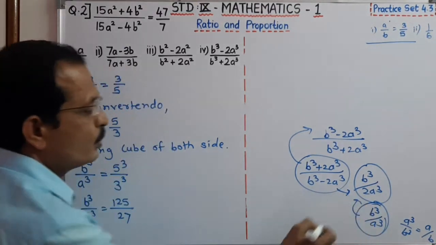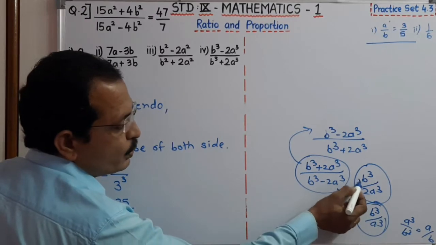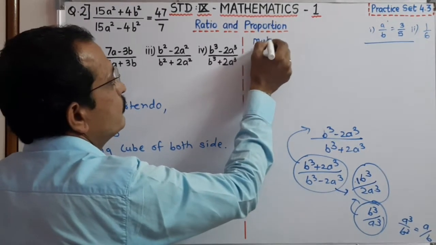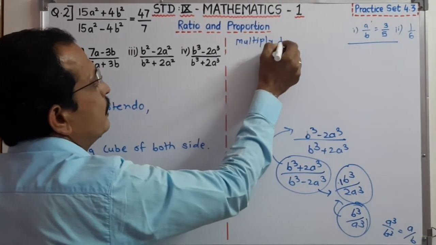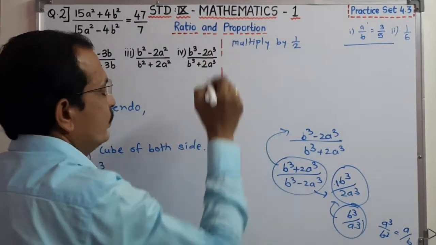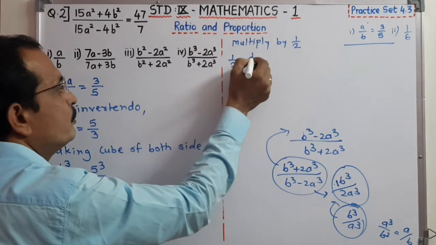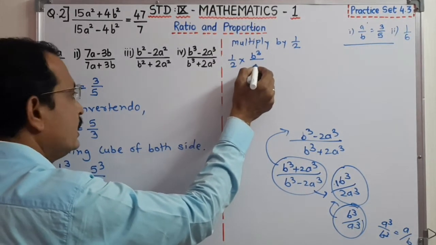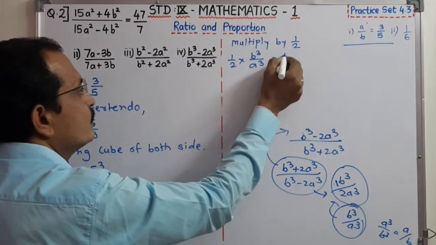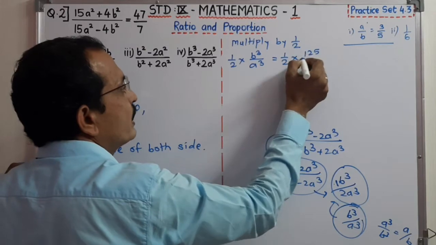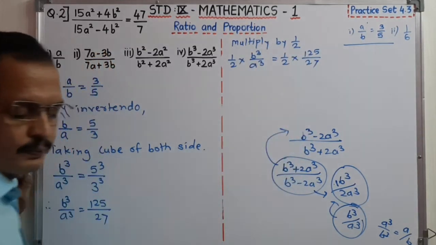After that, we require this. That means we have to multiply by 1 upon 2. Therefore, here we have to write multiply by 1 upon 2. Therefore, we can write here 1 upon 2 into b cube upon a cube is equal to 1 upon 2 into 125 upon 27.